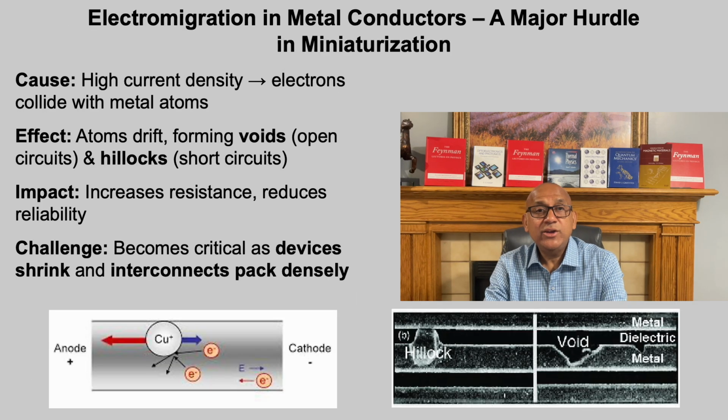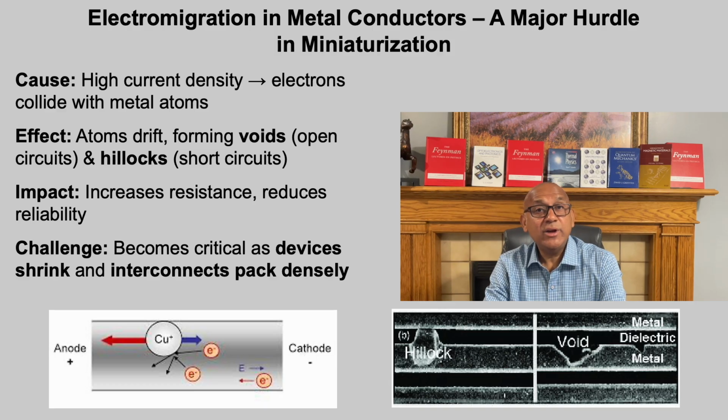Now I want to bring your attention to another phenomenon that poses a serious challenge as we continue to miniaturize devices: electromigration in metal conductors. Electromigration occurs when high current densities cause electrons to collide with metal atoms, slowly pushing those atoms along the conductor.